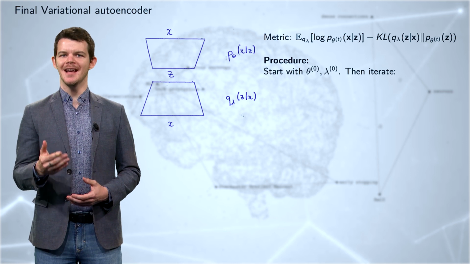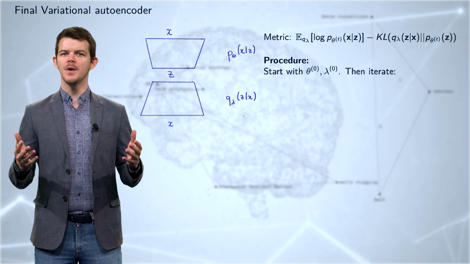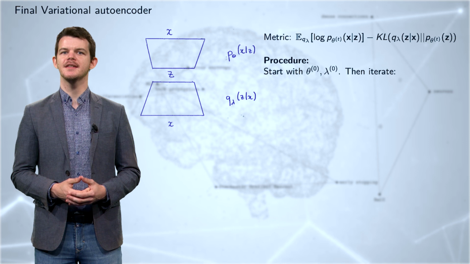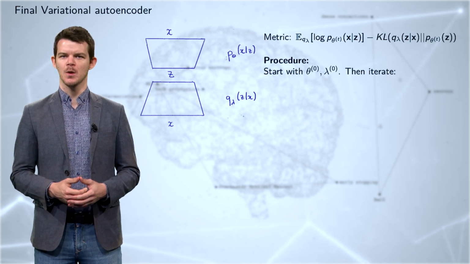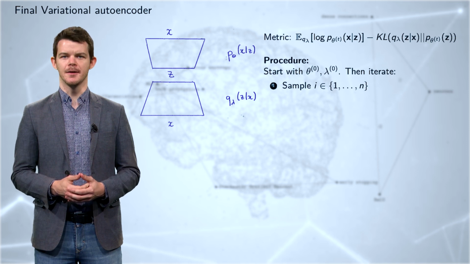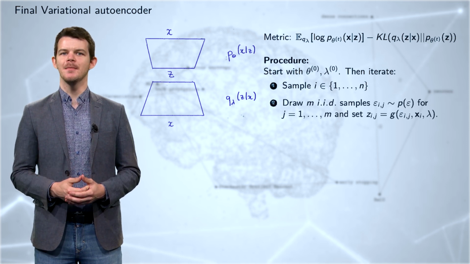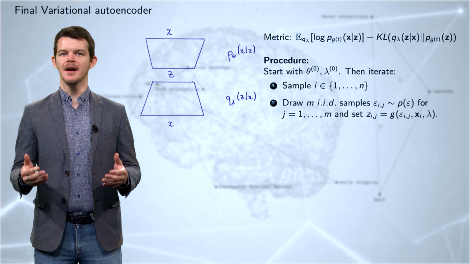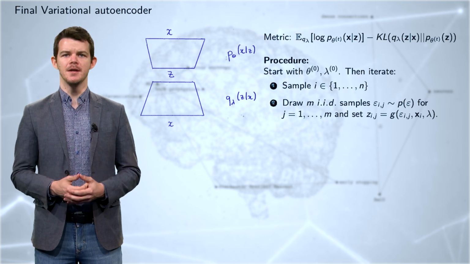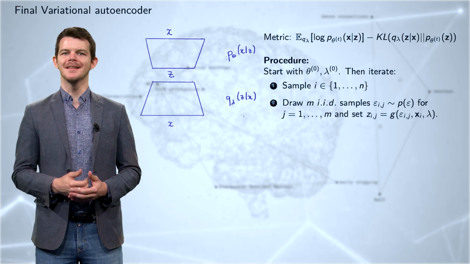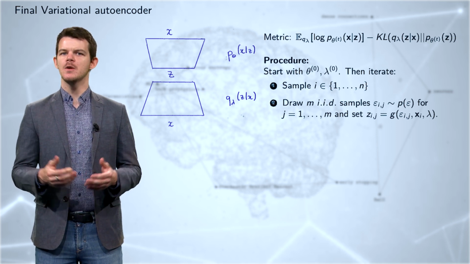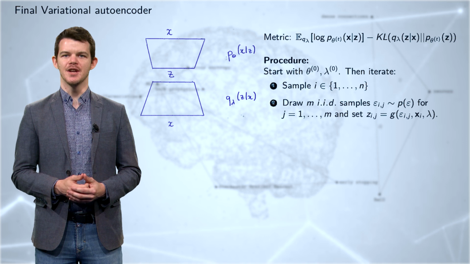We want to maximize the ELBO metric. As before, we initialize the network parameters, theta and lambda. Then we iterate the following procedure. We first sample an index i. Then we generate M_i samples, epsilon_ij, from the distribution p, in our case, a standard Gaussian distribution. We then let z_ij equal g(epsilon_ij, x_i, lambda).